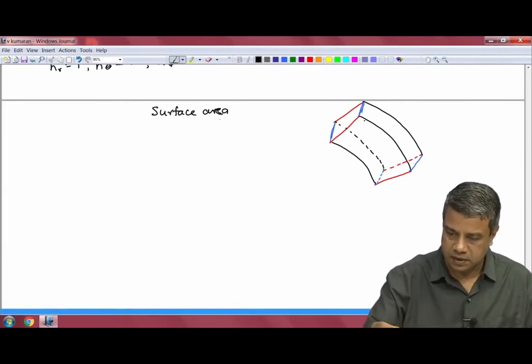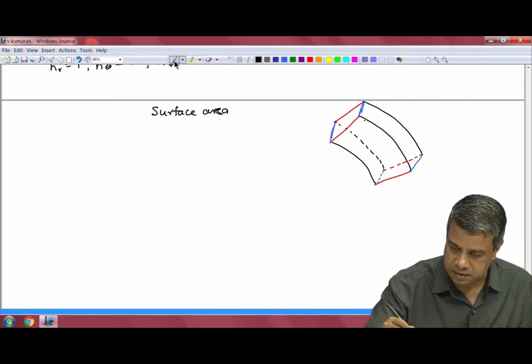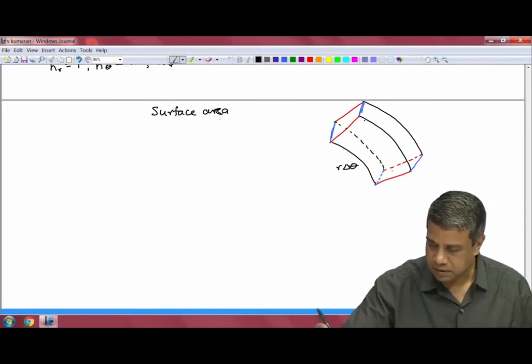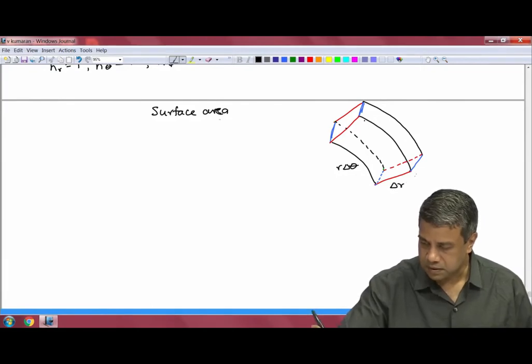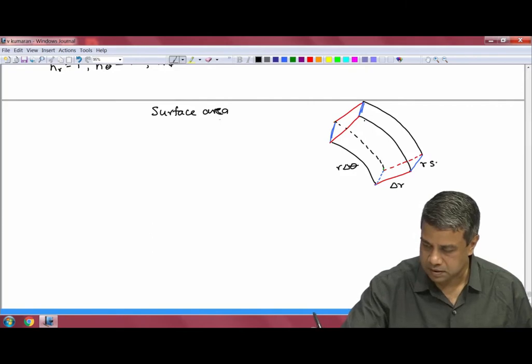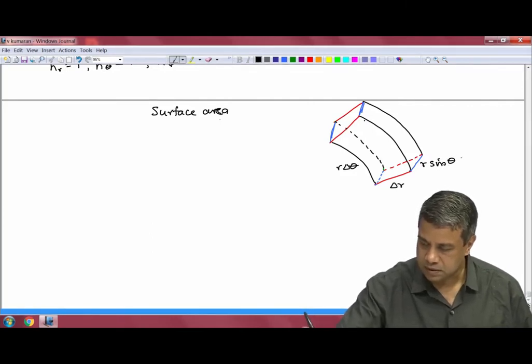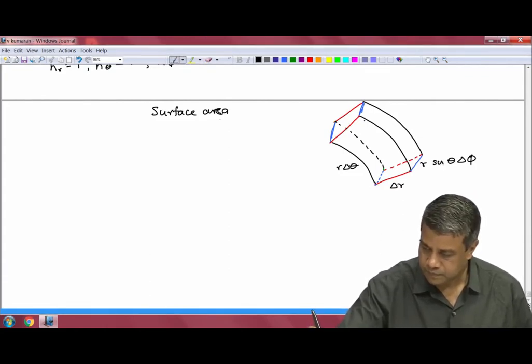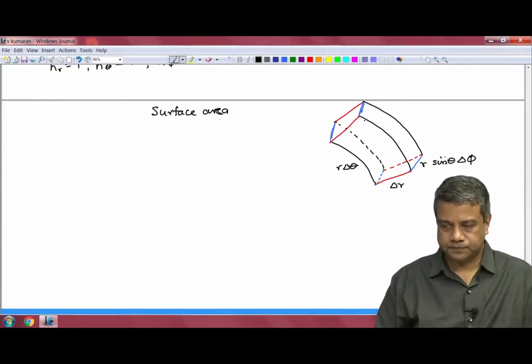The distances are r delta theta here, delta r in the r direction, and r sin theta delta phi.